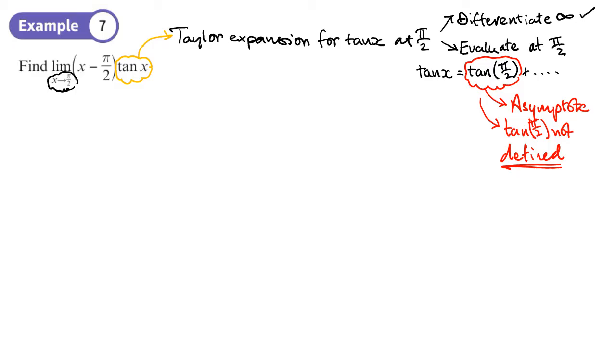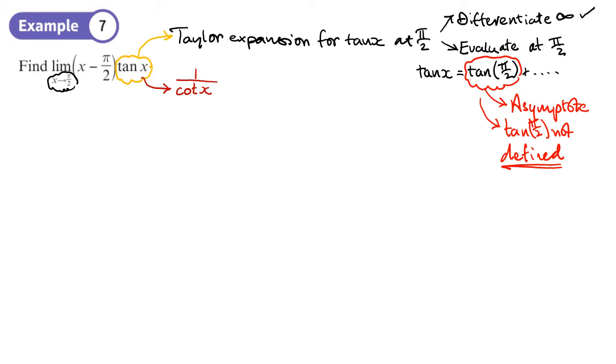And this is where I'd use a trig identity. What I can do is replace tan x with 1 over cot x, because I will be able to evaluate cot of pi over 2. It is defined at that point. So sometimes on these types of limit questions, if you're not able to evaluate or write a Taylor expansion for a trig function, something like that, at a certain point, use a trig identity and see if that works.